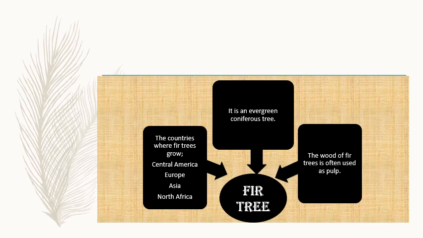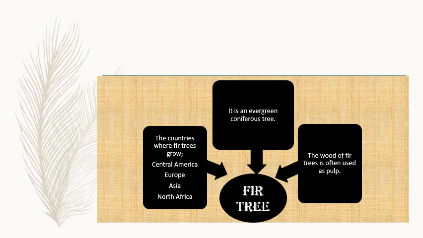So, a fir tree is a tree which remains green throughout the year and it has needle-like leaves. The countries where the fir tree grows: the fir tree grows in Central America, Europe, Asia and North Africa.